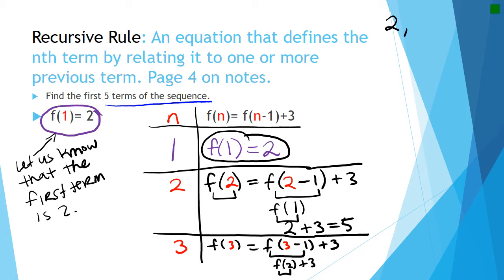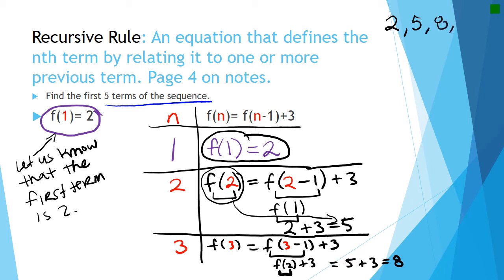Well, the second term, if I look back at the top here, the second term was equal to 5. So I'm going to take 5, replace this f of 2 here with 5, and add 3, and end up with 8. So my second term was 5. Now my third term is 8.